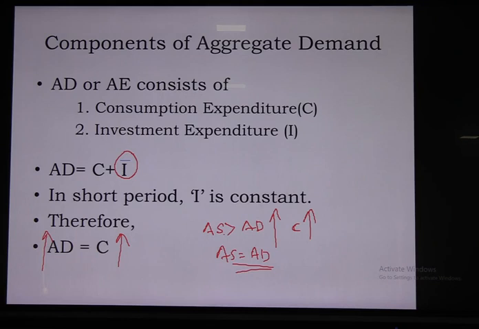People are anxious about their future, so they keep a certain portion of their income as saving. That saving does not create any demand. If you save more, consumption will fall. As consumption falls, aggregate demand falls, and full employment is not possible.